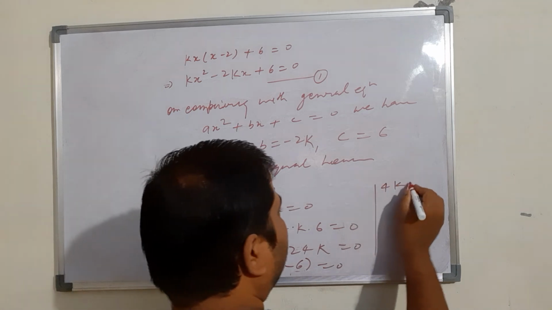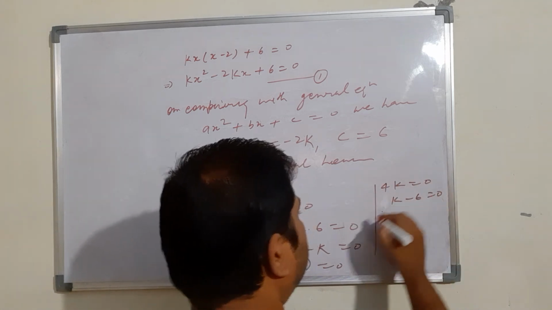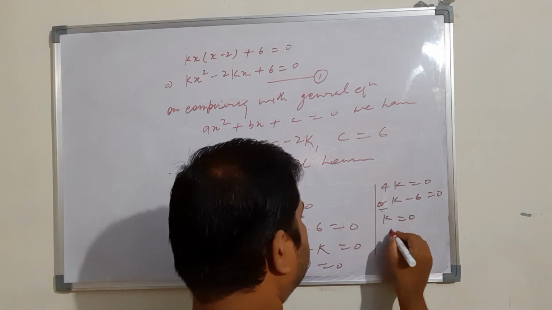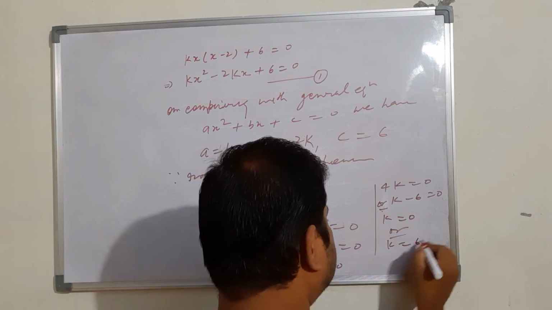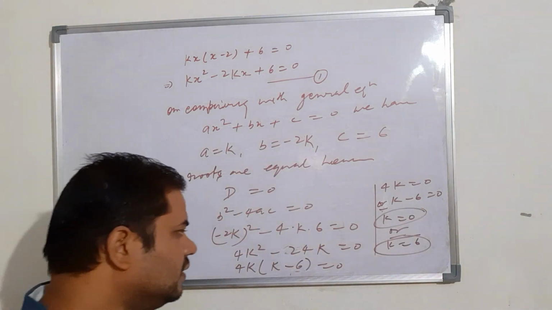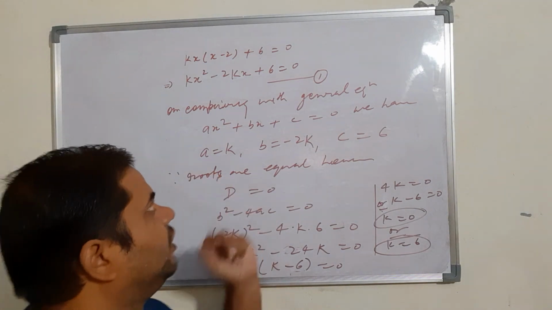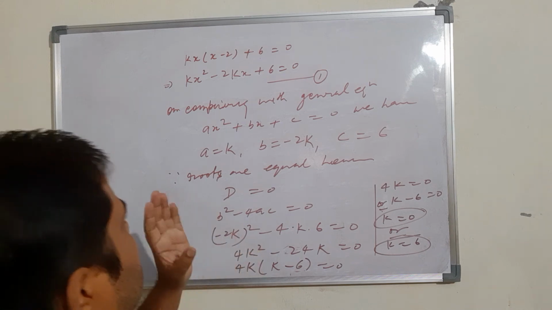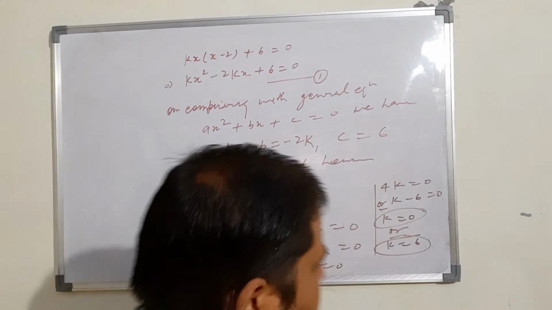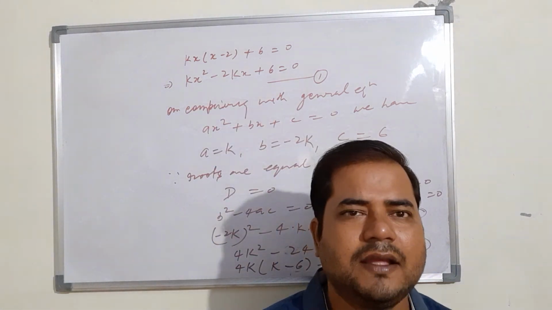So either 4k is equal to 0 or k minus 6 is equal to 0. So either k is equal to 0 or k is equal to 6. We consider only k is equal to 6. Why? Because if k is equal to 0, then the whole equation is not a quadratic equation.